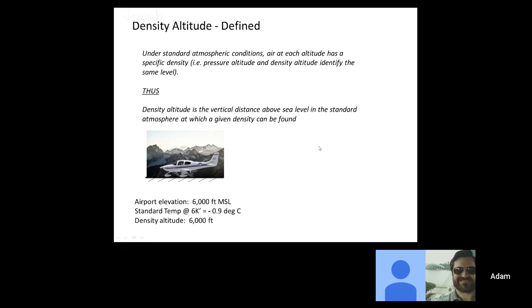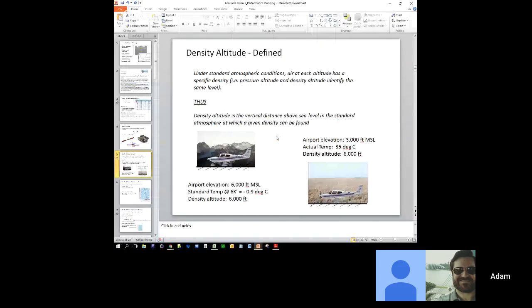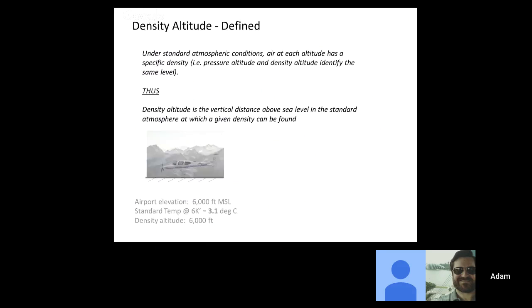So for example, I'm up in the mountains at 6,000 feet. And I think I've caught myself a mistake. I think that should be 3.1 degrees. We just reviewed that, didn't we? I'm up in the mountains at 6,000 feet and my temperature is 3.1 degrees. My density altitude is 6,000 feet. We just went through that one.